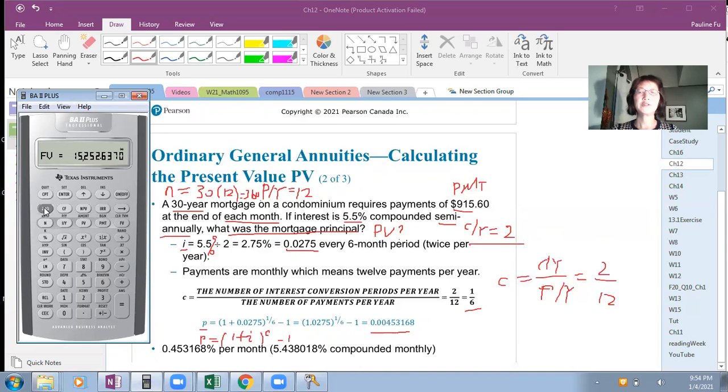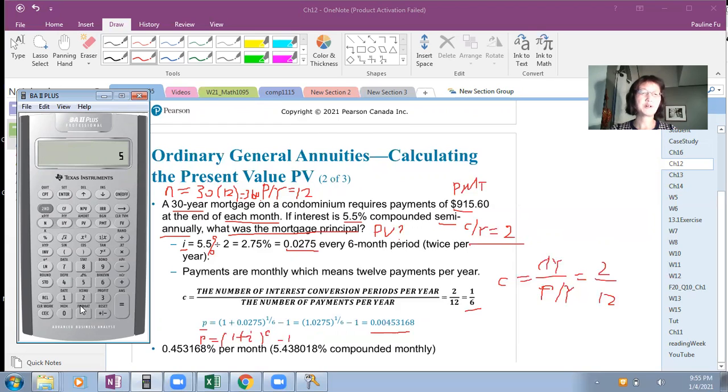Always start with second quit to clear any previous entries. And then make sure it is END, payment is made at the end. Now, second PY 12, enter, down arrow key, CY is 2, enter, second quit, and then N equal to 360, that is the term N.